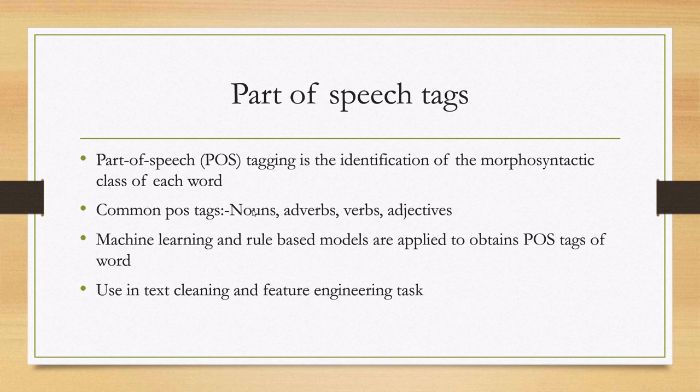Commonly, part of speech tags are noun, verb, adverb, and adjective. Nouns define objects or entities, verbs define actions, and adverbs and adjectives act as modifiers and quantifiers in a sentence. They are defined by their relationship with the adjacent words. Machine learning and rule-based models are applied to obtain the part of speech tag of a word, and it is used in text cleaning and feature engineering tasks.